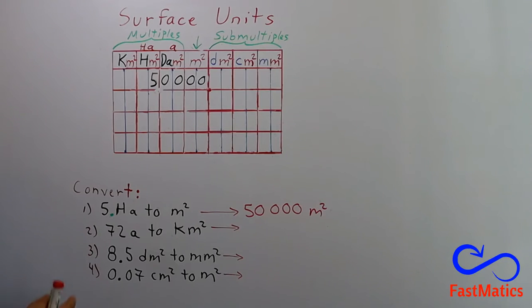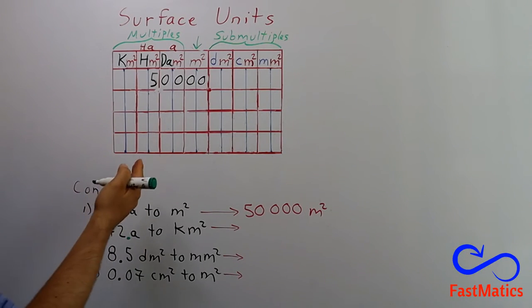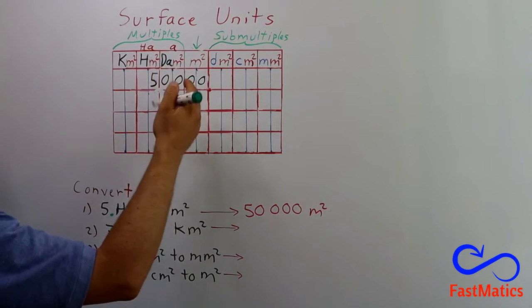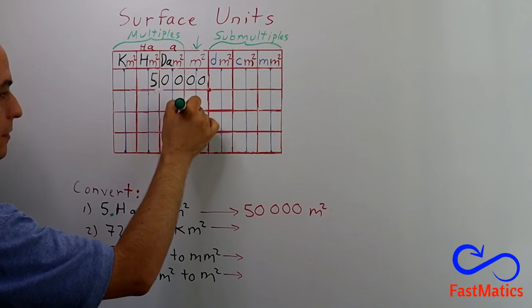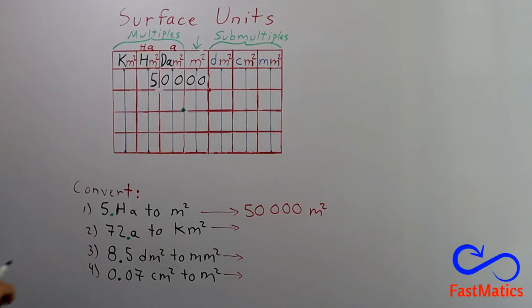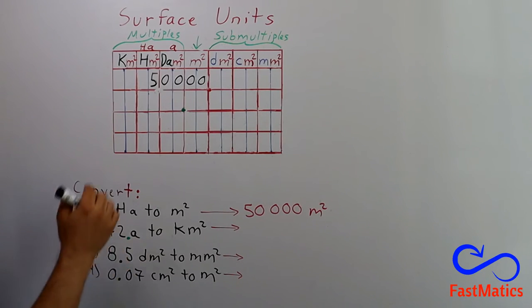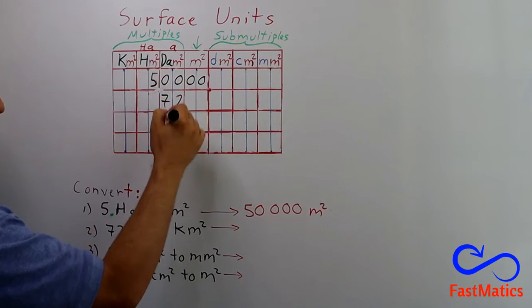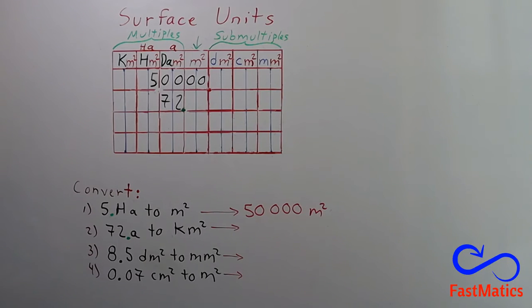Now another exercise, 72 ares to kilometers squared. First of all, you identify the decimal point. If it is not written, it is at the end of the number. The end of the abbreviation are is here. And you can see that to the left you have 2/7. So 2/7 to the left of the decimal point.